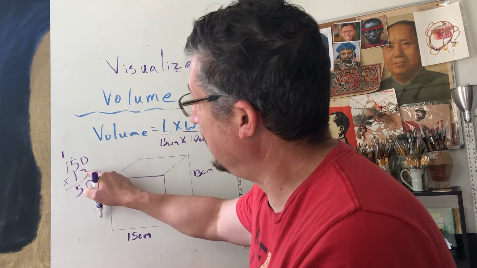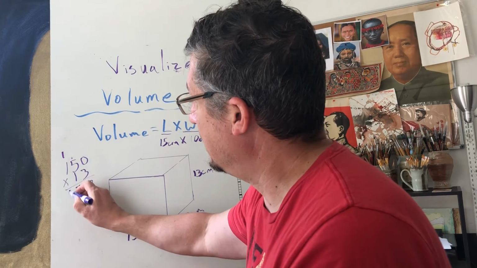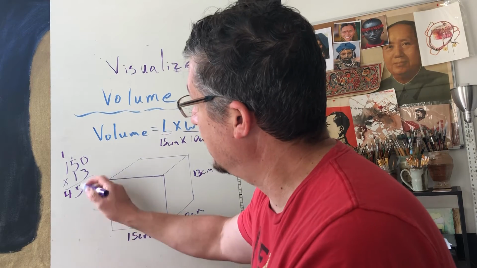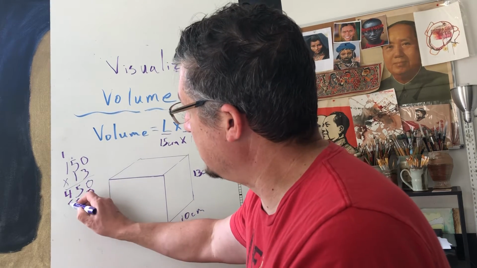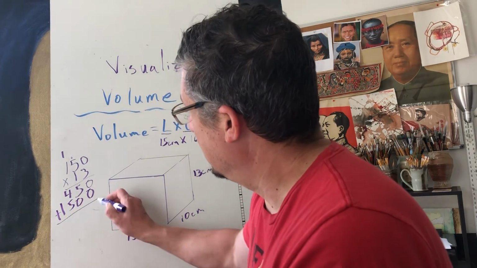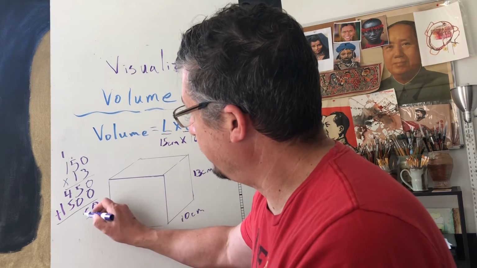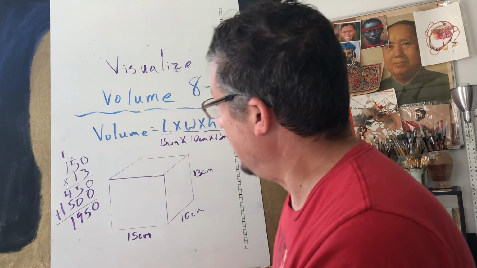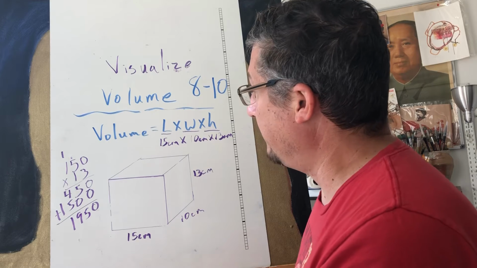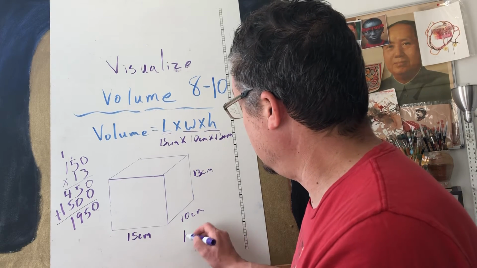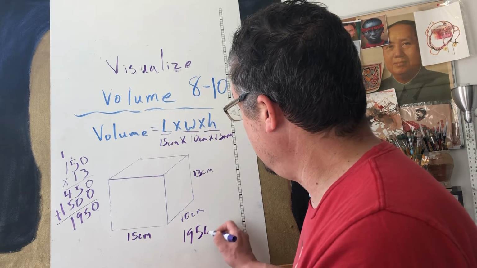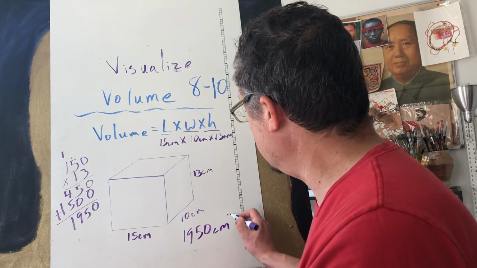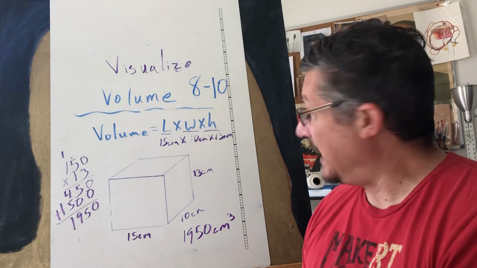Carry the 1. 3 times 1 plus 1 is 4. Put my placeholder. It's a 1, so I just write down the same number. Now I add these up. So my volume for this is 1,950 cubic centimeters.